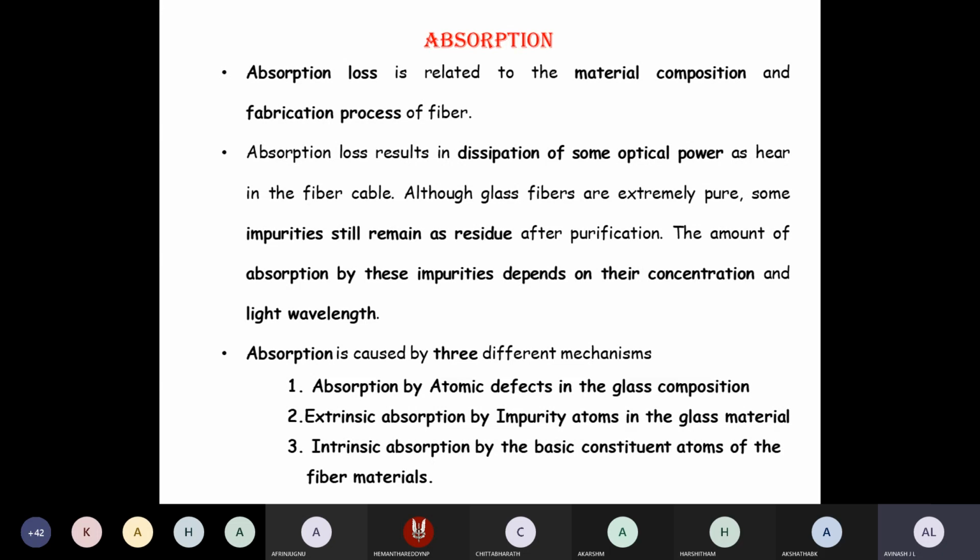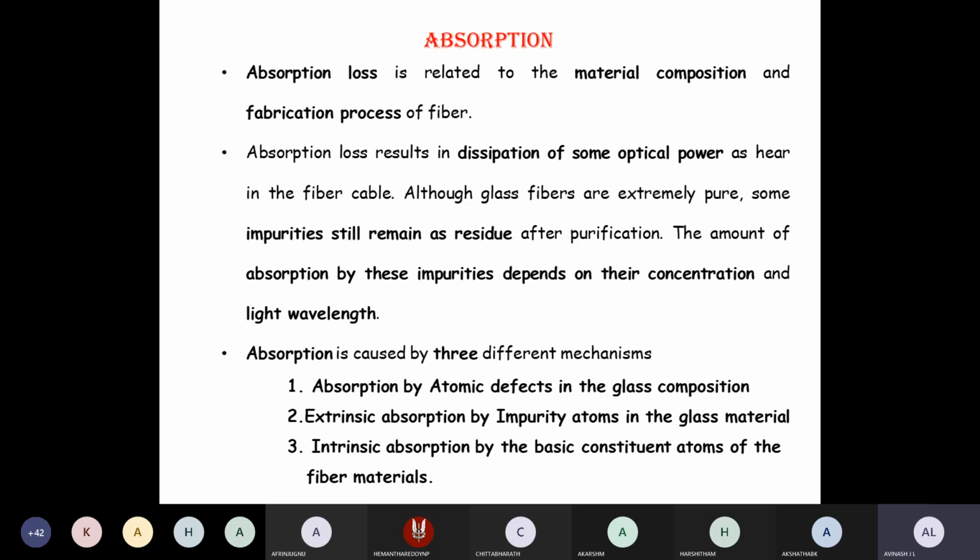Intrinsic absorption means you just consider that there is no impurity added. It is the purest form of glass material you have prepared. Even in the purest form there is some absorption.